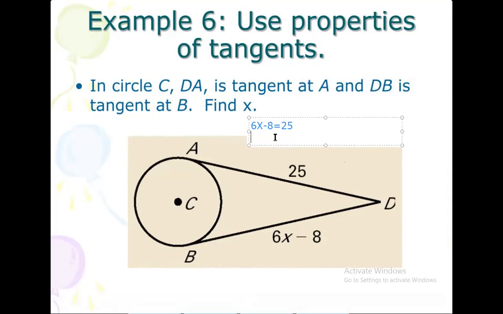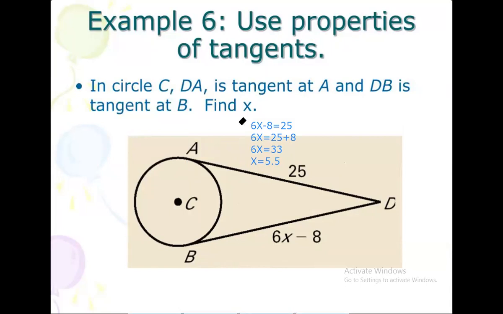So we have now 6x equal 25 plus 8. Then 33. So 6x equal 33. Yes. Then we will divide both by 6. So the value of x will be 5.5. Okay, then this is how we can solve an equation with two tangents intersecting from a point outside.